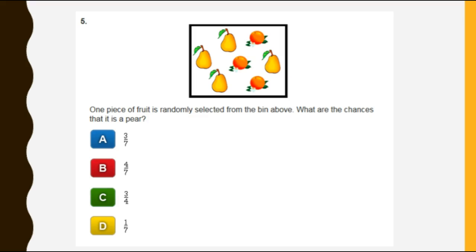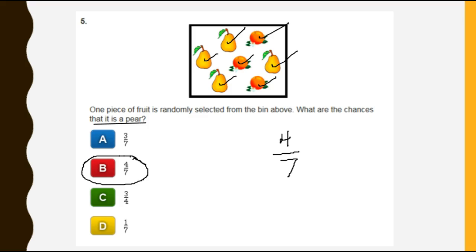So that's the favorable outcome. So let's see how many pears there are. We have 1, 2, 3, 4. 4 favorable outcomes. And then how many altogether? 4, 5, 6, 7. 7. So I could find that over here and I would be able to choose B.